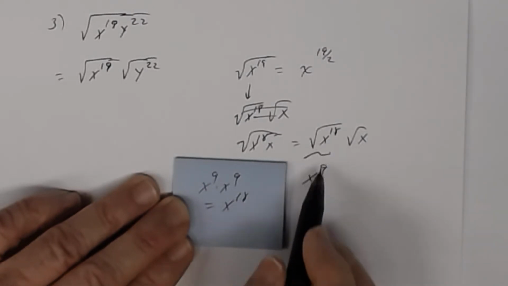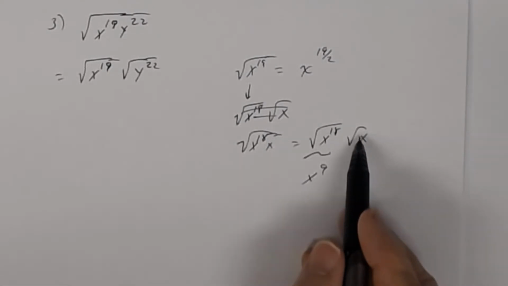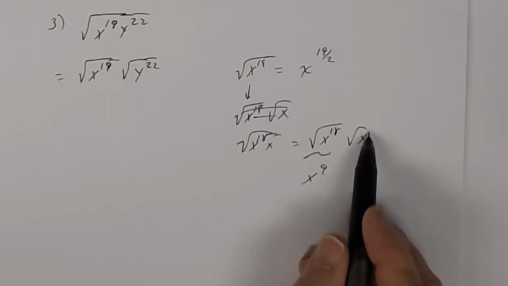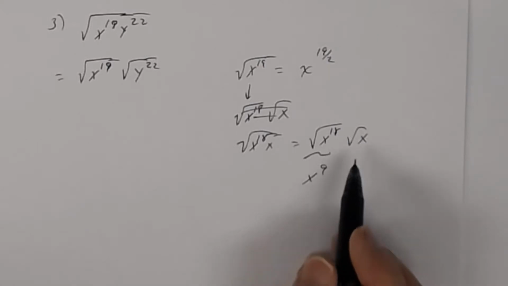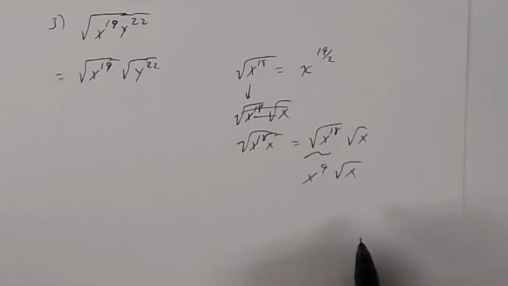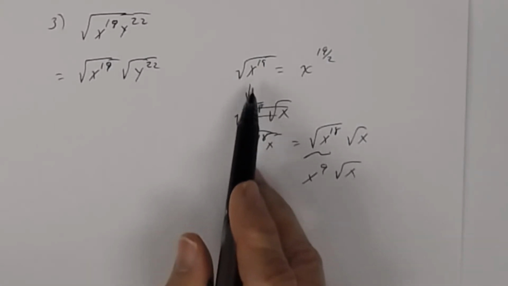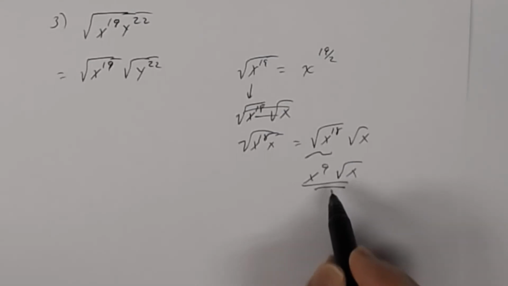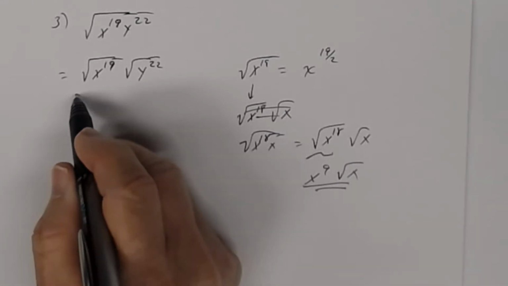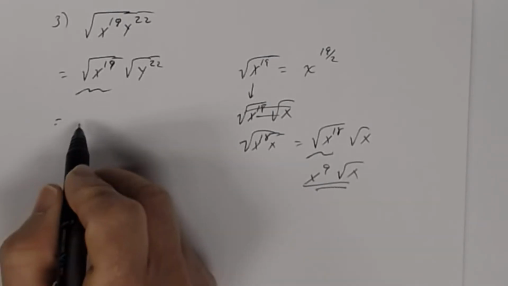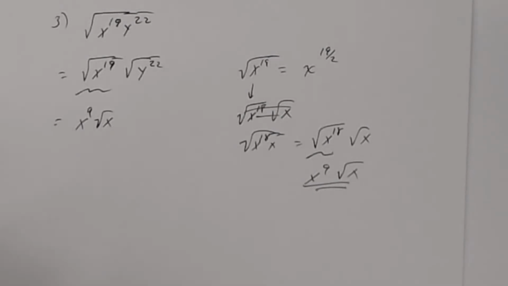Now, can I simplify the square root of x? The answer is no, because the exponent 1 is less than the index, so that cannot be simplified. So the square root of x to the 19th is x to the 9th, square root of x.